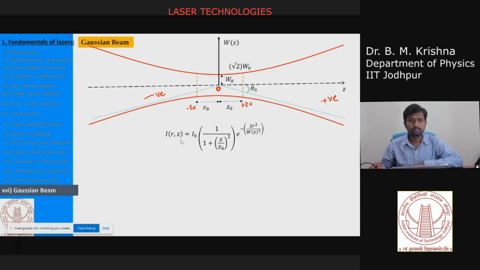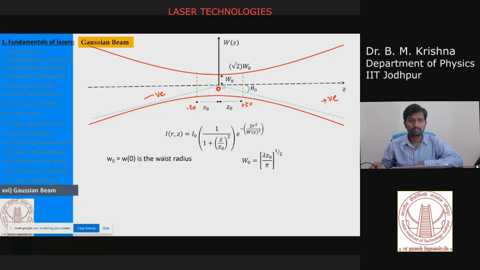So now you see your intensity will change as z increases. As your z changes, because the propagating direction is changing, your intensity also will change. So your W naught is called the beam width radius.